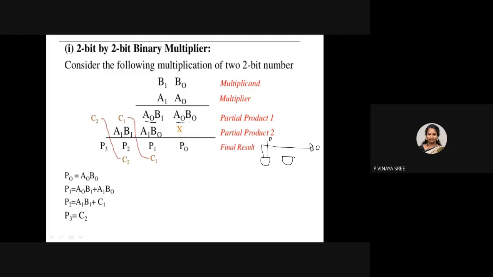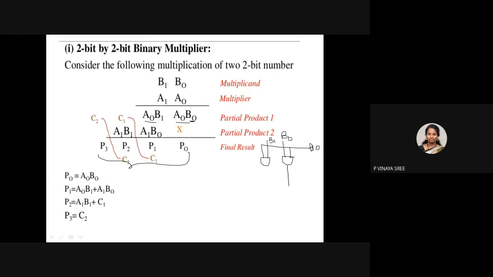The next operand is B1, and this has to be connected to A0. And the other operand is B1. The other operand is B0. Okay. Next, our main target is to find out P0, P1, P2, P3.